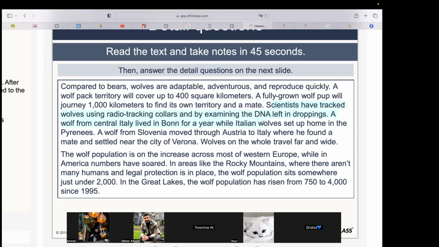Scientists have tracked wolves using radio tracking collars and by examining the DNA left in droppings. A wolf from central Italy lived in Bonn for a year, while Italian wolves set up home in the Pyrenees. A wolf from Slovenia moved through Austria to Italy, where he found a mate and settled near the city of Verona. Wolves on the whole travel far and wide.